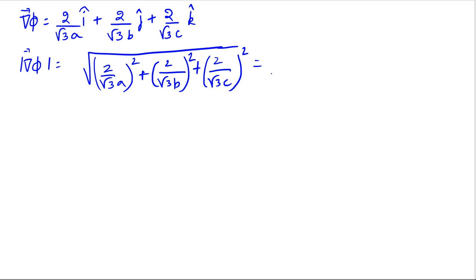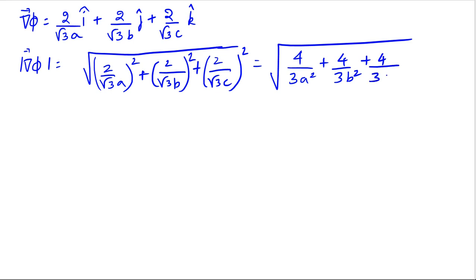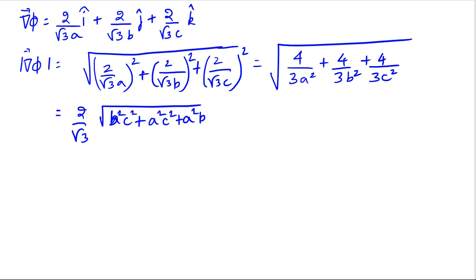So you just have to use basic mathematics steps over here: 4 by 3 a square plus 4 by 3 b square plus 4 by 3 c square. We can take 2 by root 3 out, and on simplification we get root of b square c square plus a square c square plus a square b square, the whole divided by abc. I'm just taking the LCM over here.